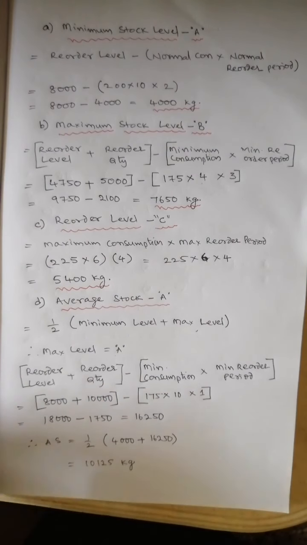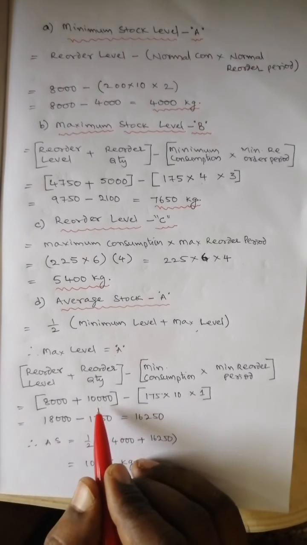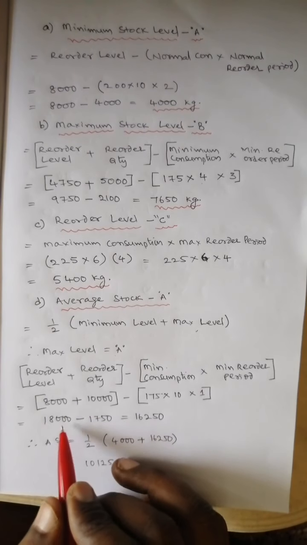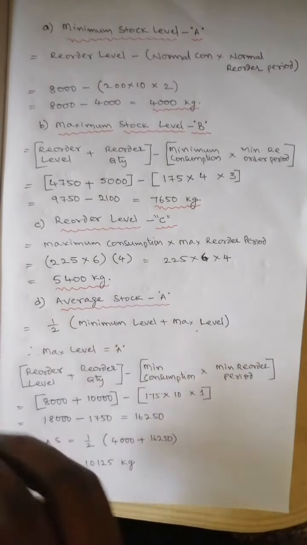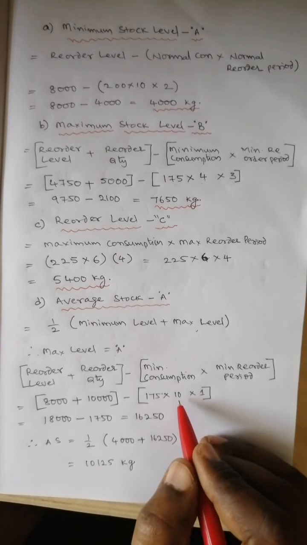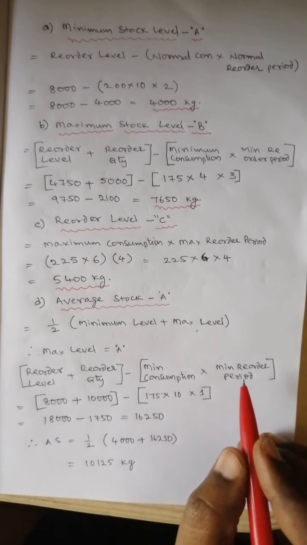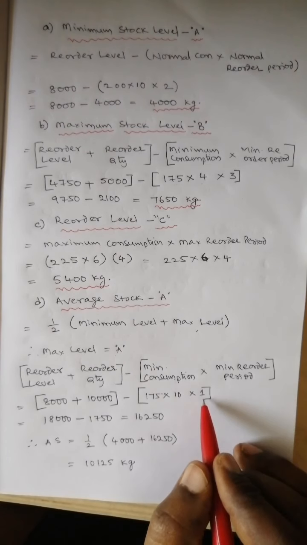Reorder quantity is in column number 3, 10,000. So together 18,000. Minimum consumption in the last sentence is 175 units, but per unit 10 kgs as per column number 2 of the table. Minimum reorder period 1 week.